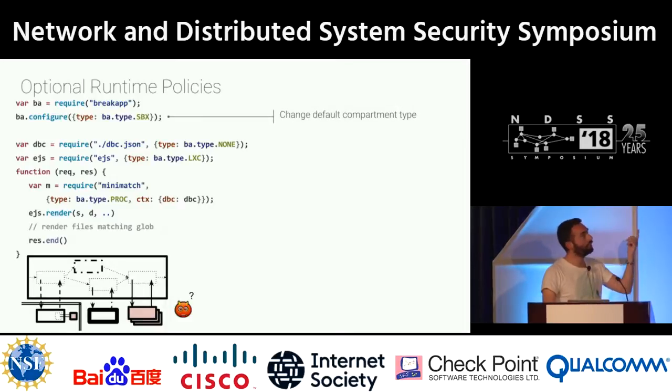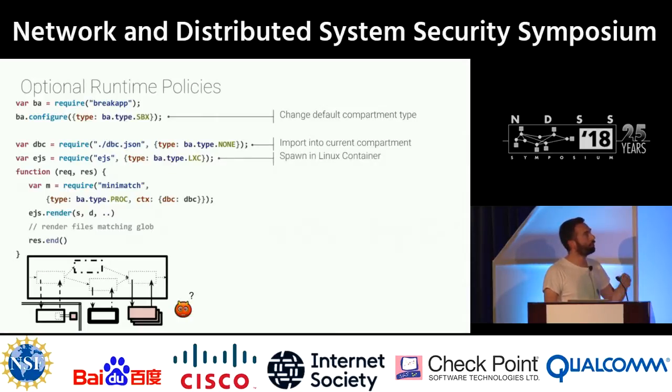For example, here, as I said earlier, you can think of compartments as processes, but now I say they will be runtime sandboxes. Because the database configuration file is part of the trusted part of the application, you can still import it into the current compartment.